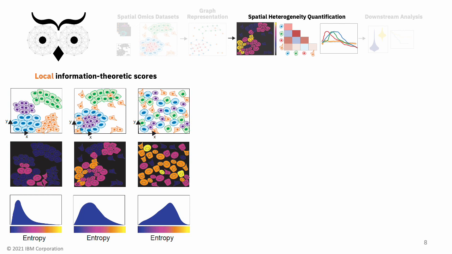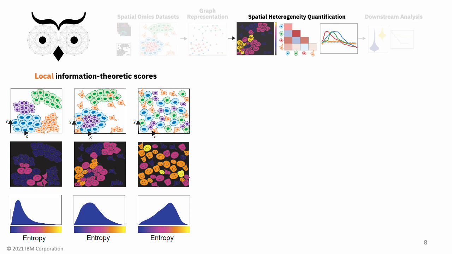On the left-hand side is one in which the environment of the cells is very homogeneous because they are surrounded by the same cell type. And in the example on the right-hand side, the cells are surrounded by many different cell types, and thus the entropy values are much higher for each cell.